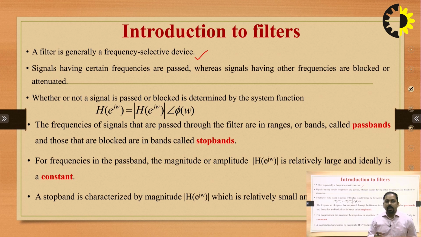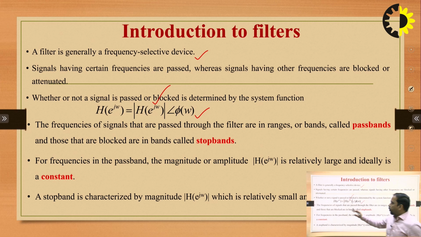Based on that we have the bands called the pass band and the stop band. These pass band and stop band correspond to the filter's system function, which is represented by H(e^jω), where the magnitude of H(e^jω) is the magnitude response and φ(ω) is called the phase.